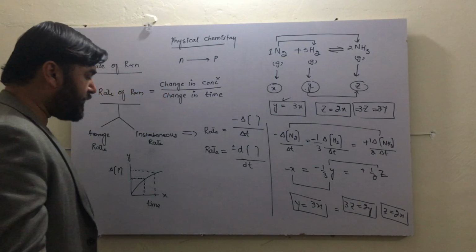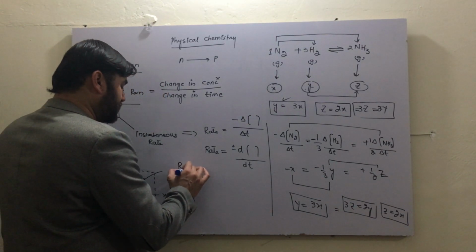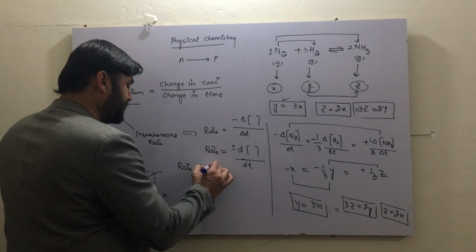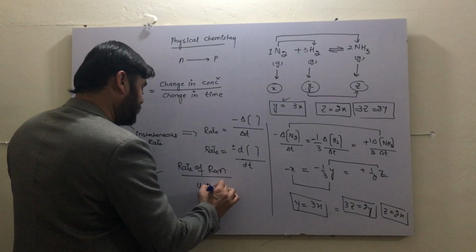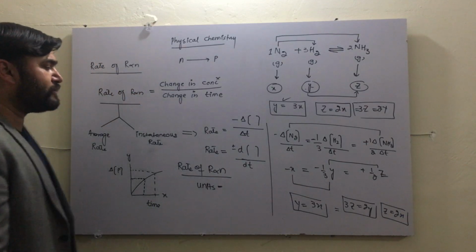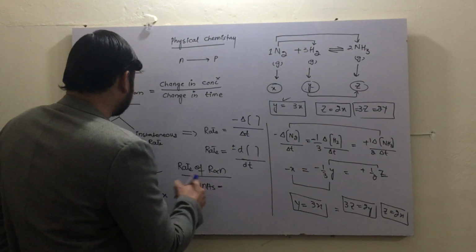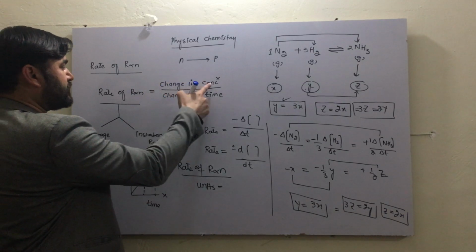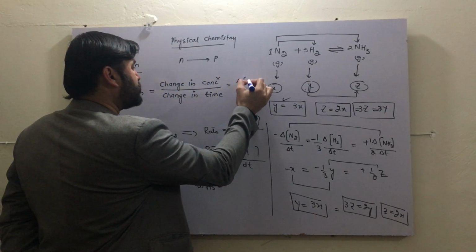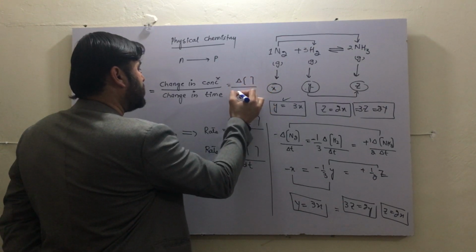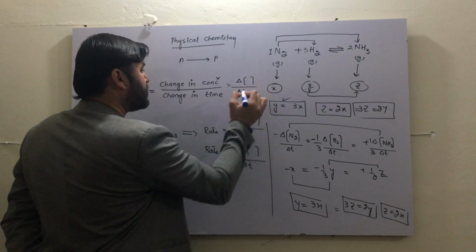If somebody asks what are the units of rate of reaction, this is very important. What is rate? We just discussed, rate means change in concentration over change in time. Change in concentration means the concentration of product, and change in time is the same.